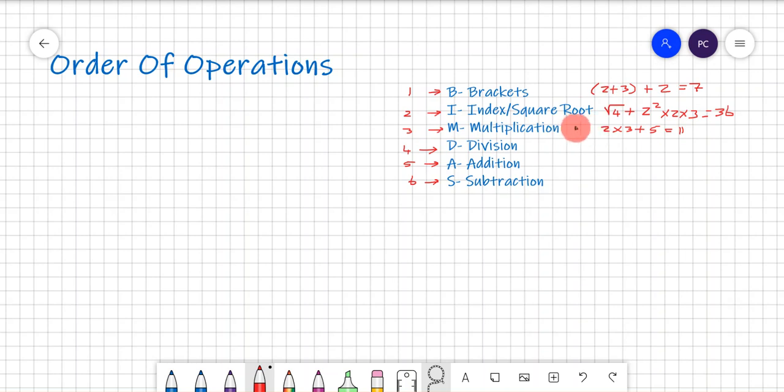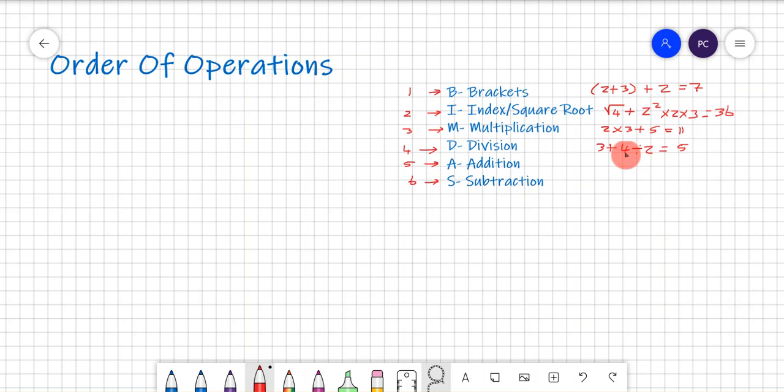That's multiplication. Division as well: if I had 3 plus 4 divided by 2, I have to do the division part first before I add on the 3. So 4 divided by 2 is 2, plus 3 is equal to 5.